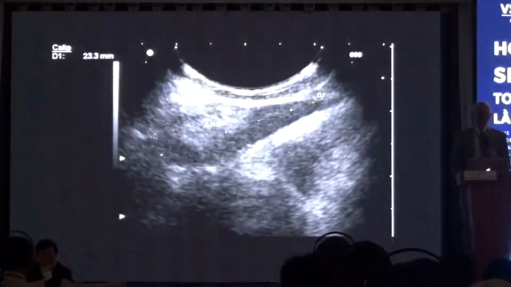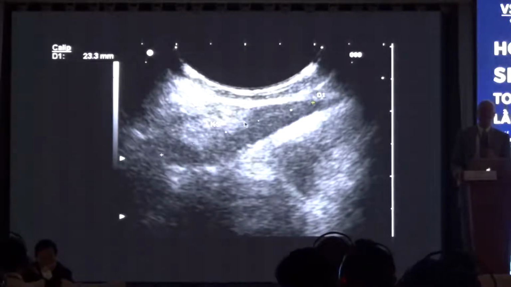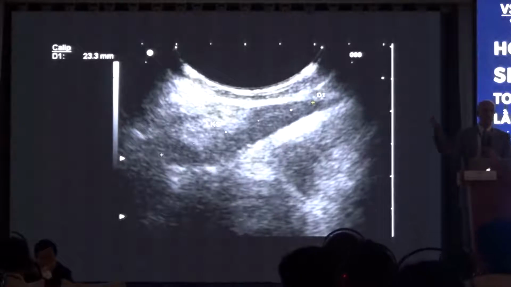I have shown you the normal lymph node architecture, and here I show it with B mode. The hilum is soft and fatty, and the surrounding is stiffer in a normal lymph node.